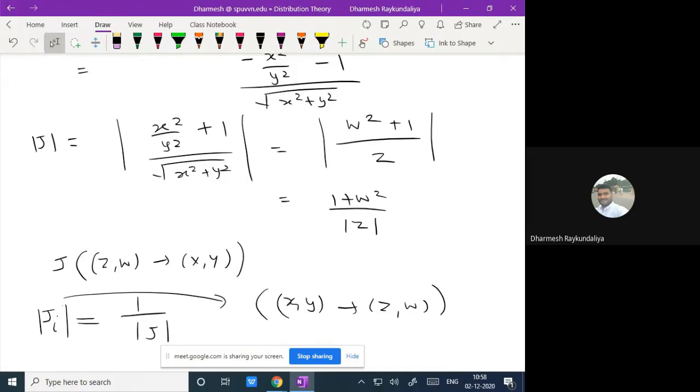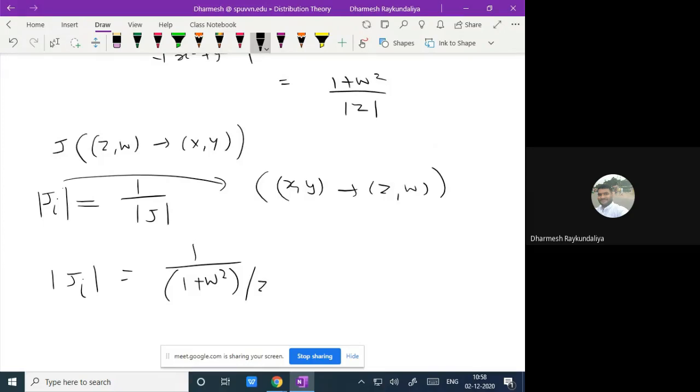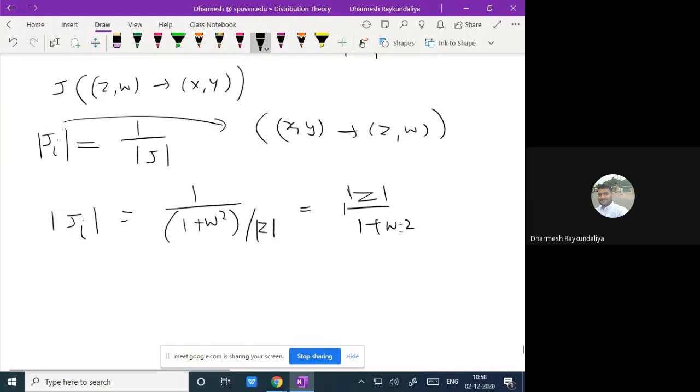Okay. So what is J inverse? J inverse is nothing but 1 upon (1 plus w square upon z), which is z upon 1 plus w square. If z is greater than 0, then of course there is no issue.